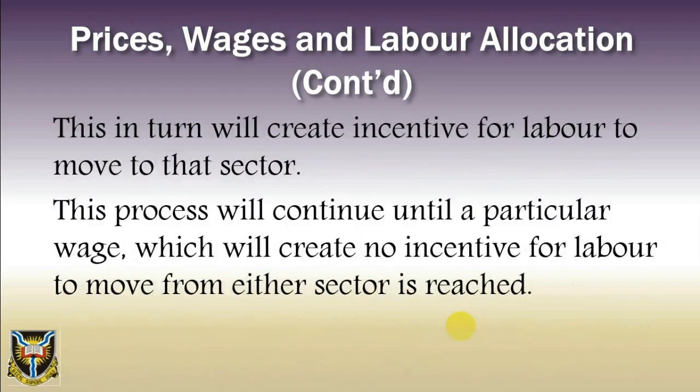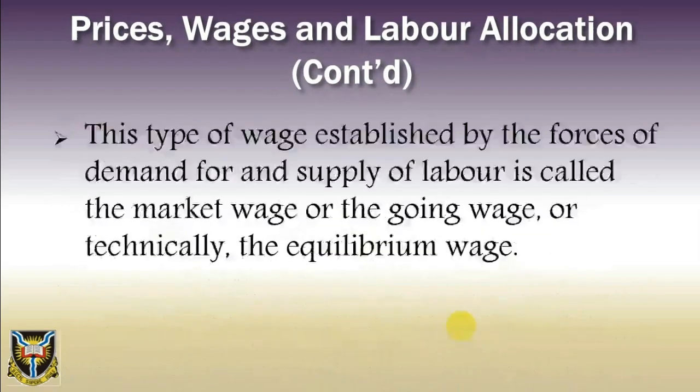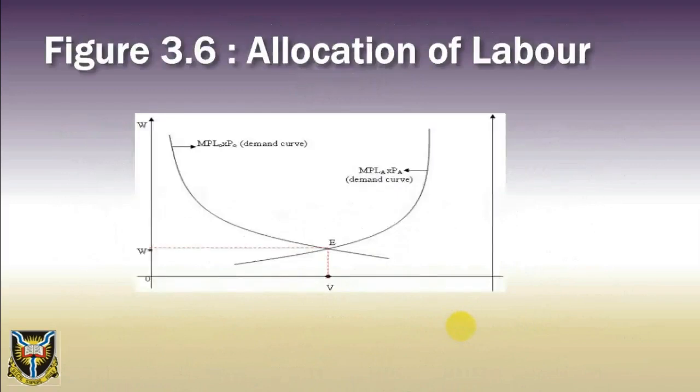This type of wage established by the forces of demand for and supply of labor is called the market wage, or the going wage, or technically the equilibrium wage. The equilibrium wage in the economy can be established by combining figures 3.4 and 3.5. The outcome is presented in figure 3.6 below.